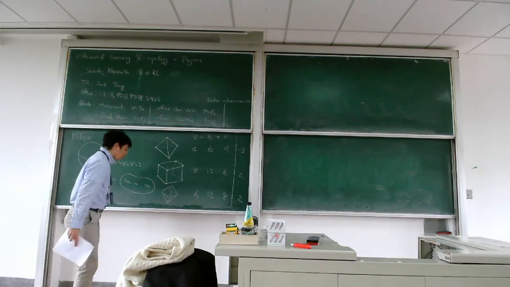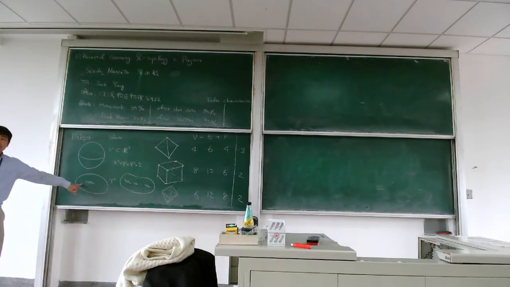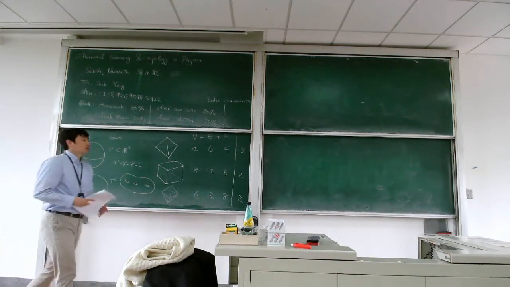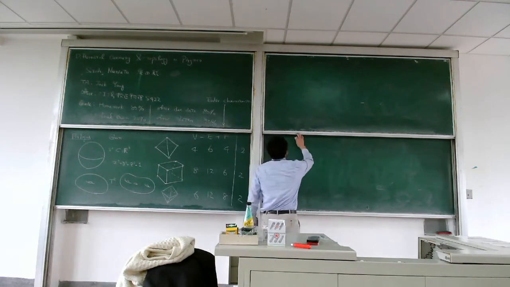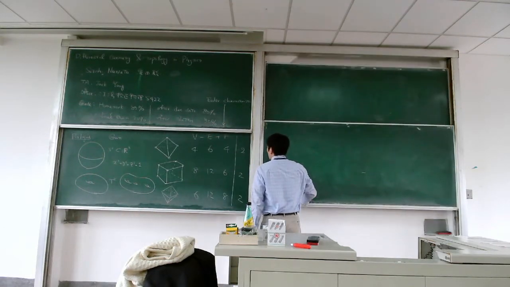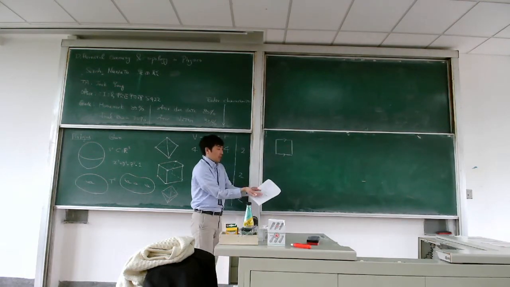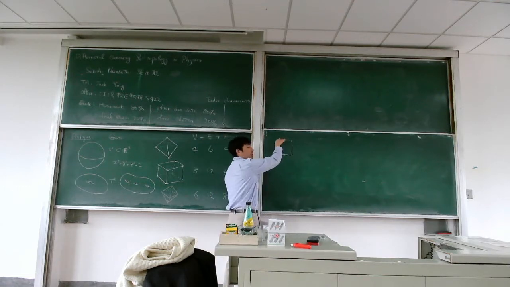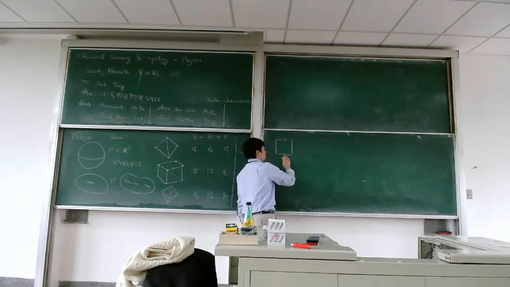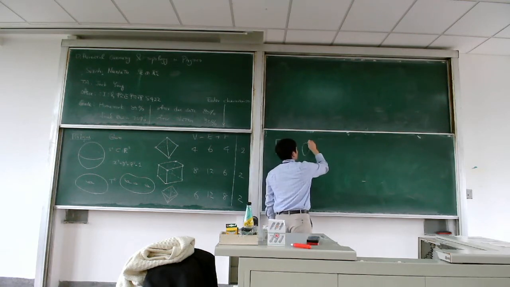So let's do the next exercise, the torus. The torus can be obtained by identifying edges: start with a rectangle and identify the bottom and upper edges, and what you get is the cylinder.